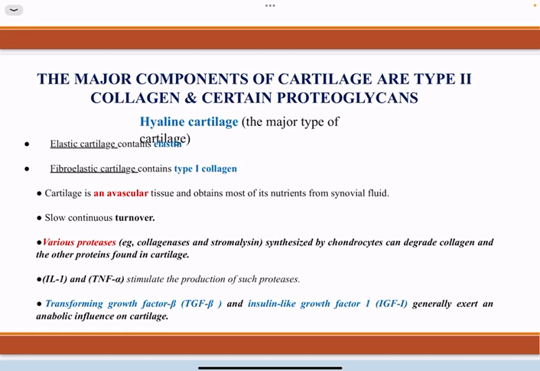زي TGF beta والانسولين like growth factor, they are very common in cancer studies. They are involved in many cancers if they are activated. However, they are very important for the anabolism of the cartilage or many other tissues.